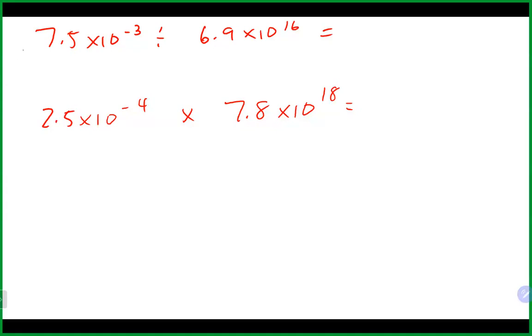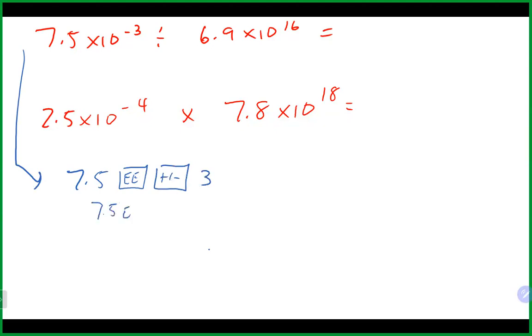Okay, let's take a look. If I was going to punch the first one in, I would go 7.5, hit my exponent button, and then my negative button and 3. It would look something like this on my calculator. Then I'm going to hit, obviously not multiplication, my division button, and then go 6.9, exponent button again.